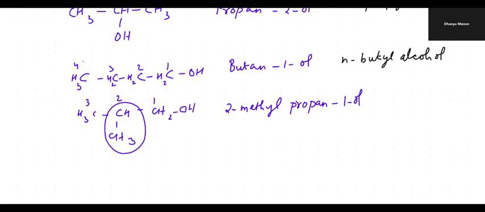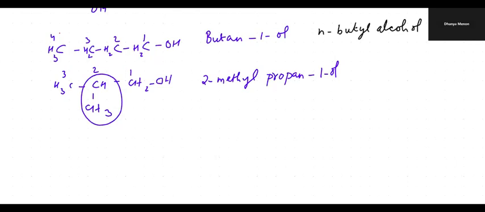Right. Now coming to the common name, the branching is from the second position. So iso will come. Yes.